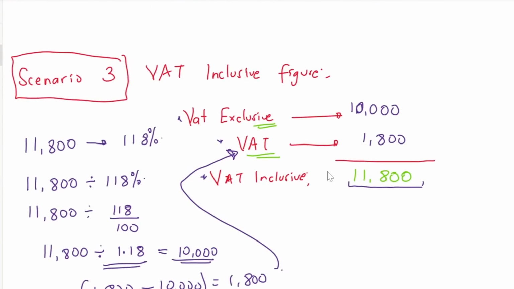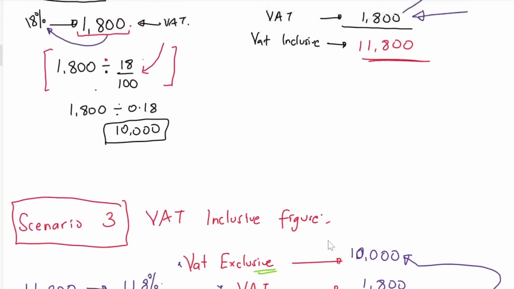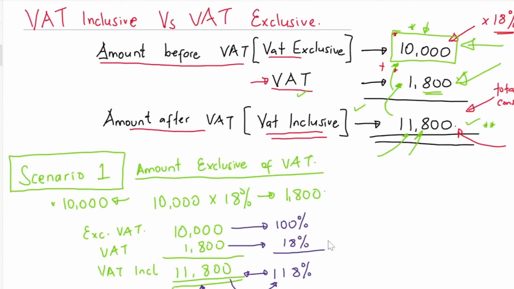We only had VAT Inclusive, and we know that the VAT Inclusive figure is representing 118%. So we simply get the figure, we divide it by the percentage it represents, and we get back to the VAT Exclusive figure. So that is how you can quickly work backwards along those figures for you to be able to get what is VAT Inclusive, what is VAT Exclusive.